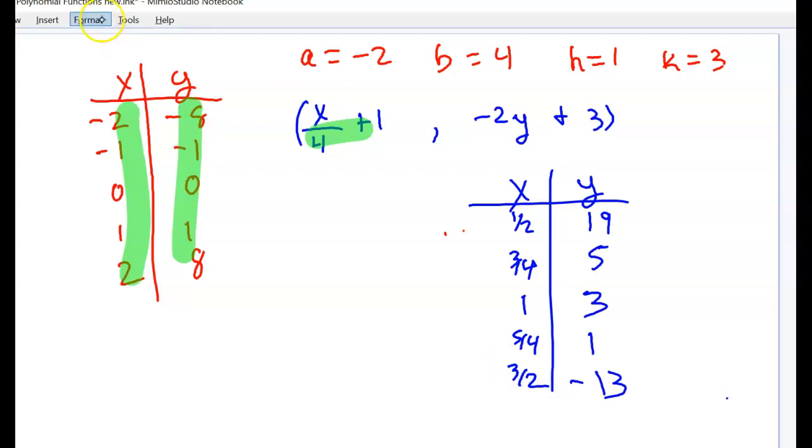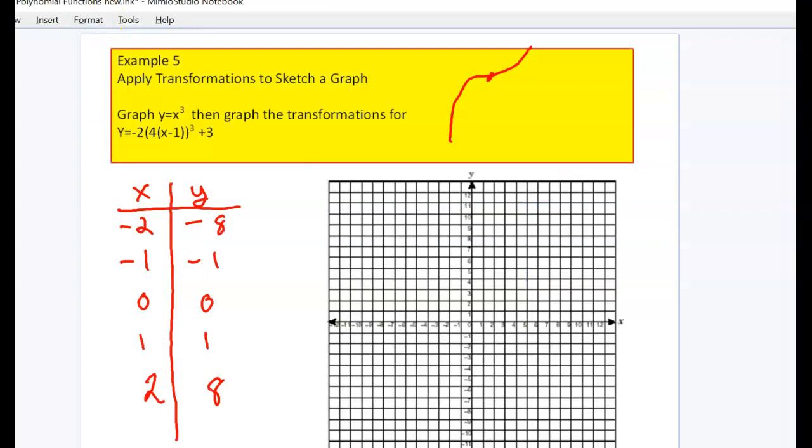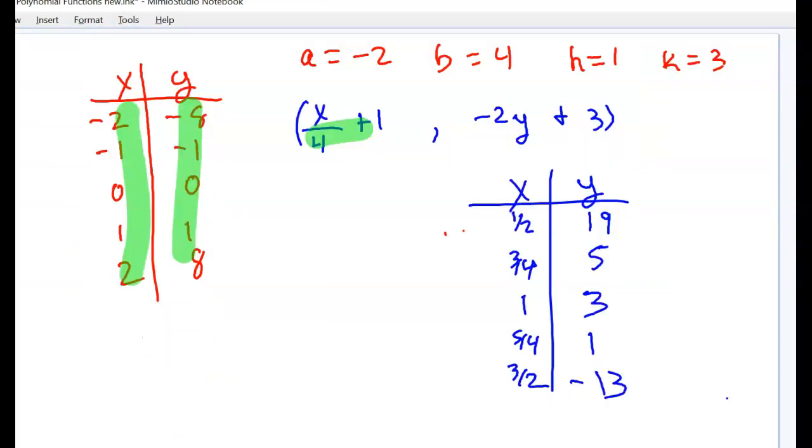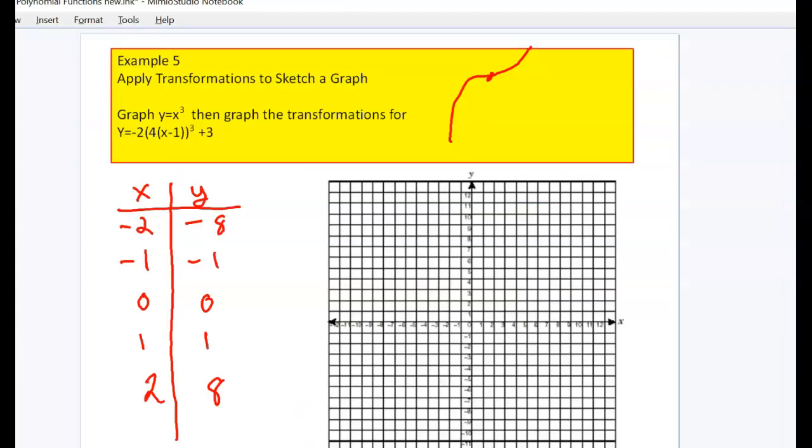So if I was to sketch this graph, it won't all fit on the one here, but we'll try it. Let's start with the bump and squiggle point at 1 and 3. How do I know that's my bump and squiggle point?